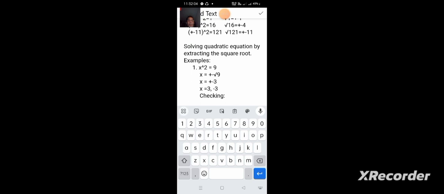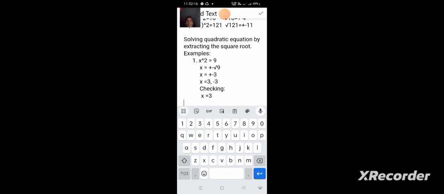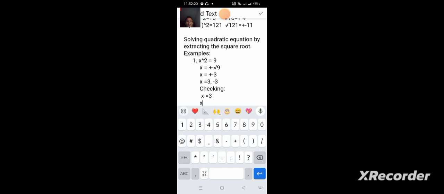So for example, when x is equal to 3, copy the original equation. We have x raised to 2 must be equal to 9.